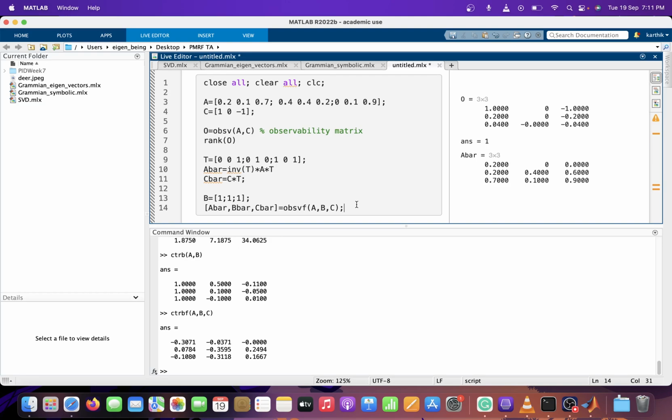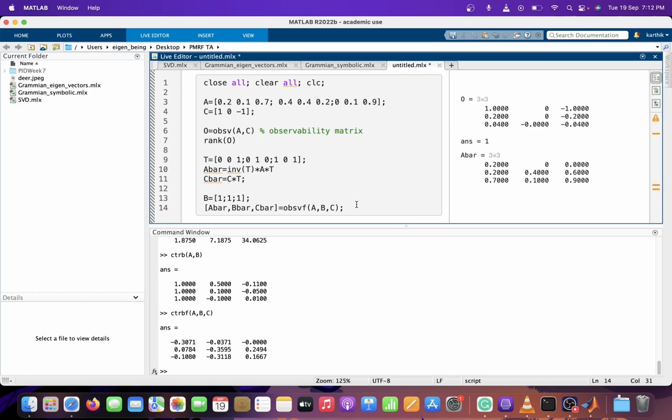MATLAB commands: one is CTRB for the controllability matrix, OBSV for the observability matrix, CTRBF, there is an F, for controllable decomposition, and OBSVF for observable decomposition.